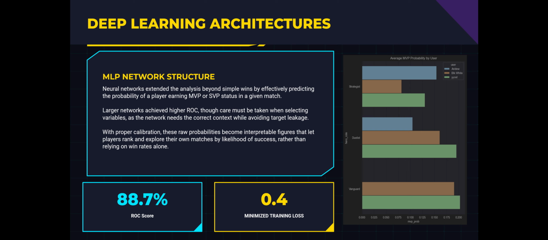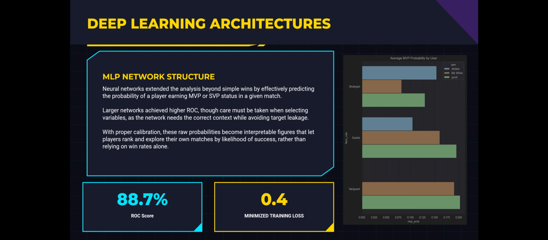We're actually able to combine a lot of this data into this probability score that predicts MVP versus SVP status. It did a pretty good job with an ROC score of 88.7%, and our minimized training loss at the 90th epoch was 0.4. The graph on the right shows the average probability by user.